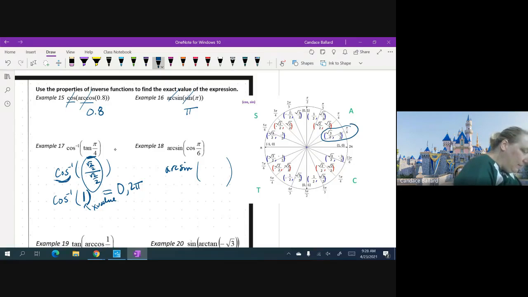Okay. I am supposed to be finding the cosine of it, so I'm going to use square root of 3 over 2. Okay. Now I have to reverse arc sine. So I need to now find any radian measure where I have a square root of 3 over 2. Can you guys tell me what quadrants sine is valid in?